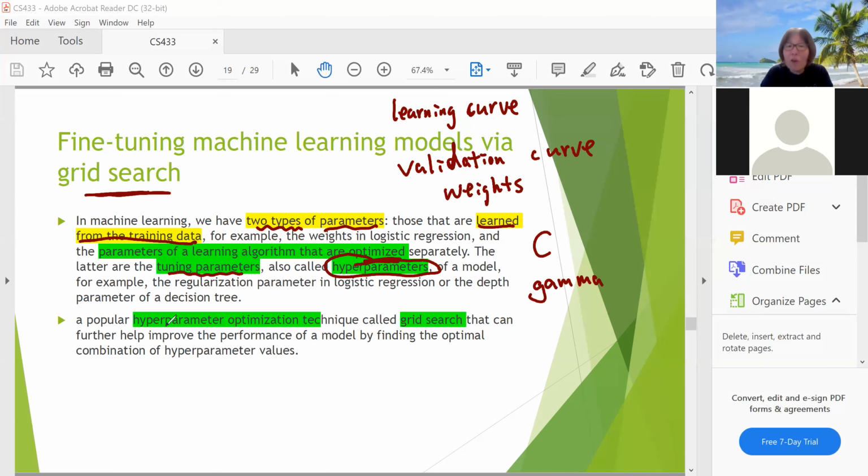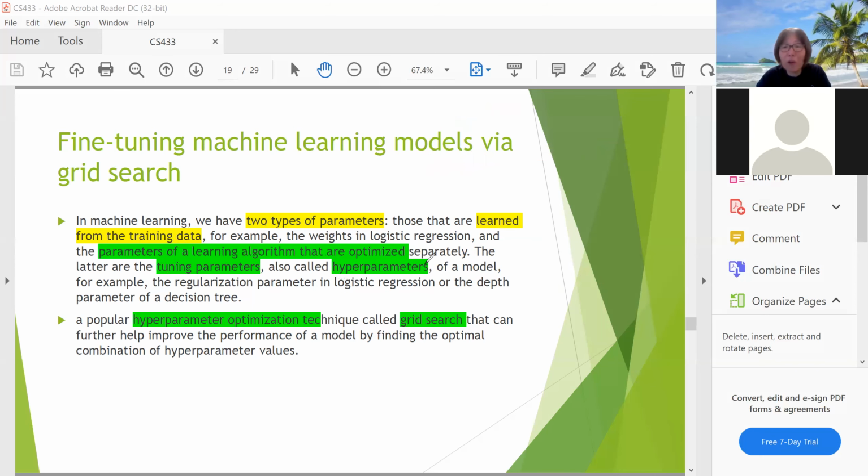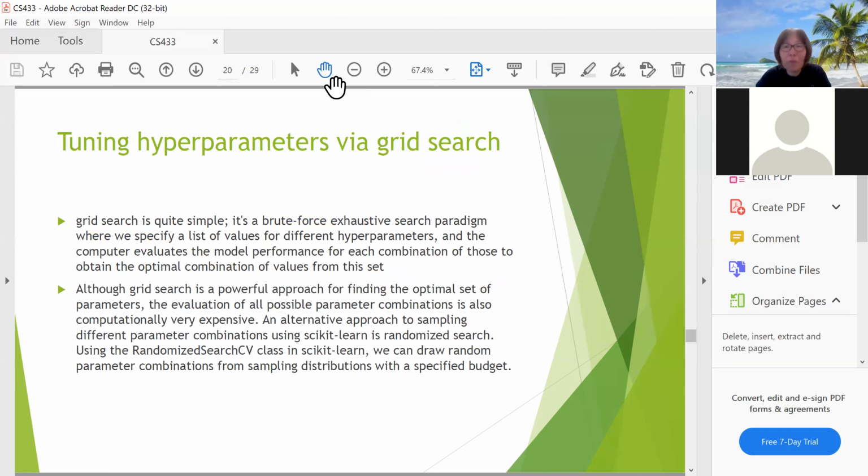For hyperparameter tuning, we can use grid search, and sklearn has a module that supports grid search.